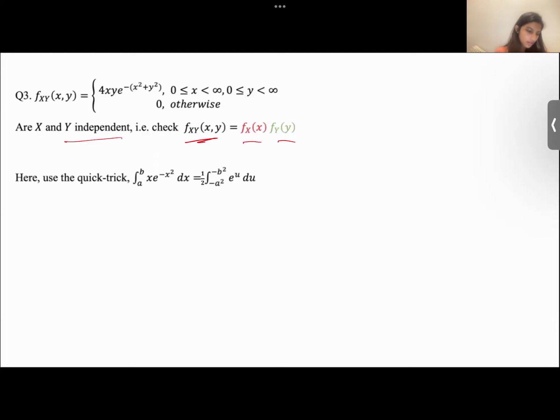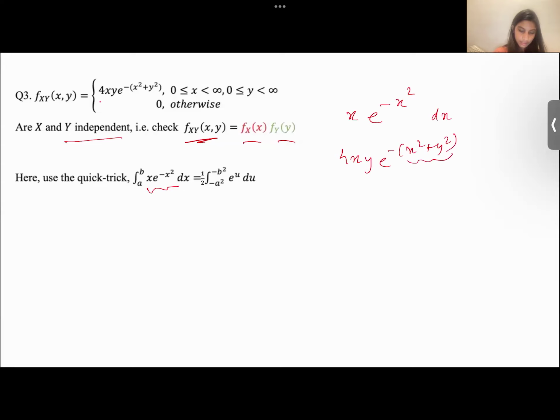Okay. So yeah, we have this question here. This function, you can see that it's of a specific format. It's of this format, x e power minus x square dx. So basically it's like 4xy e power minus x square plus y square.